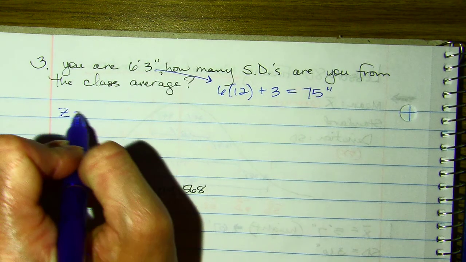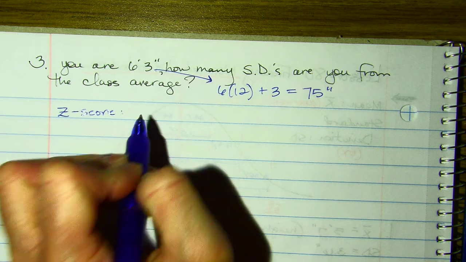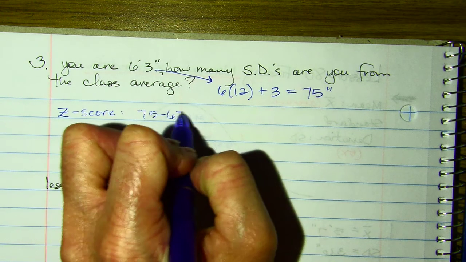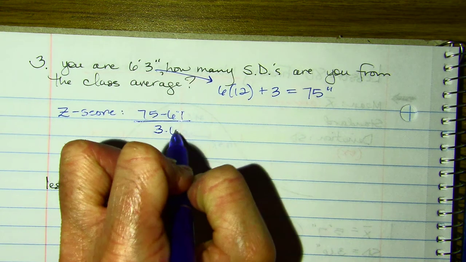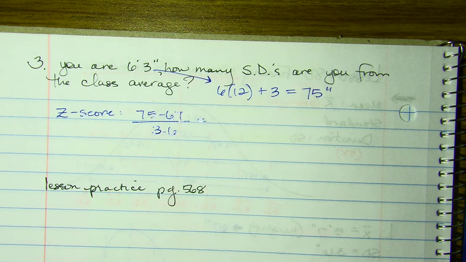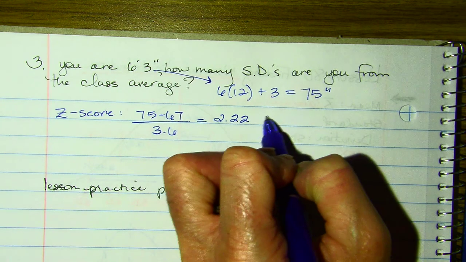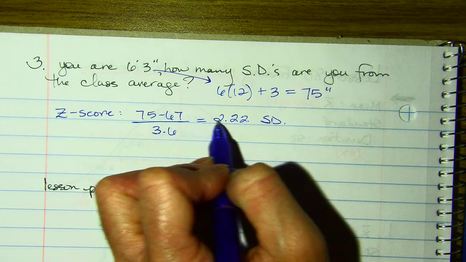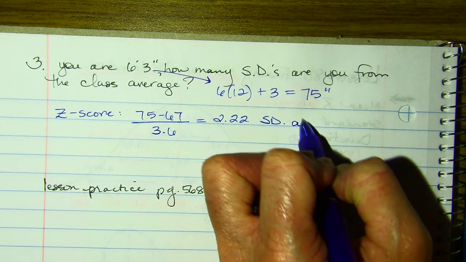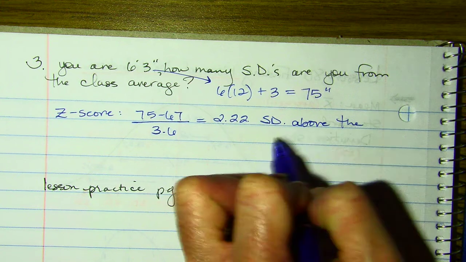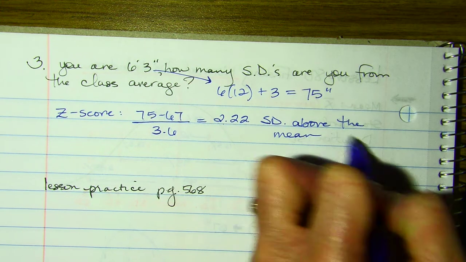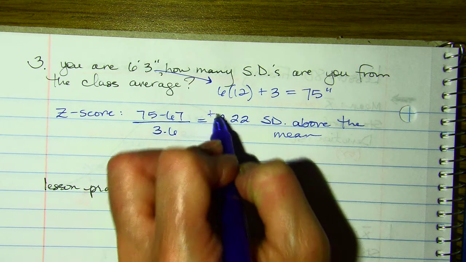So your Z-score is 75 minus the average divided by the standard deviation. 75 minus 67 divided by 3.6, and I get 2.22 standard deviations. Because this is positive, I would say standard deviations above the mean.